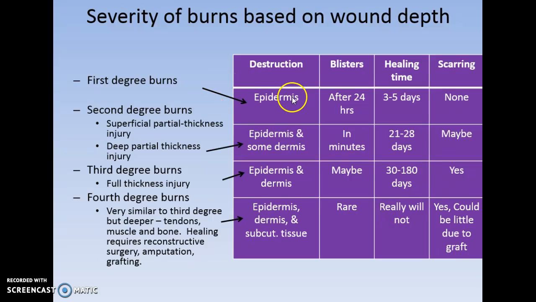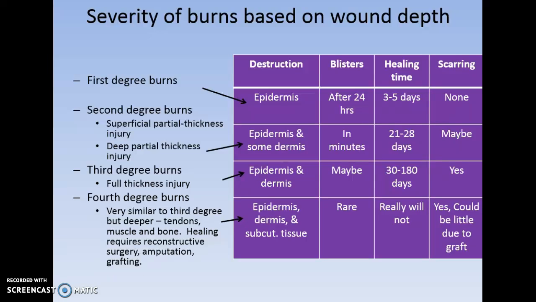So this top row, we have first degree burns. Second degree burns here are classified as either superficial partial thickness injury or deep partial thickness injury.